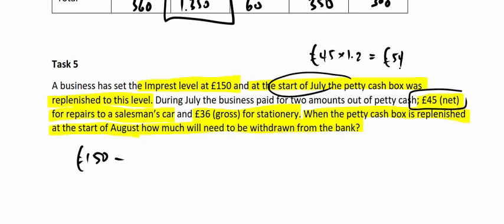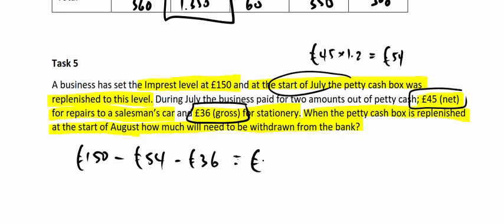We will have to pay the full figure including VAT, so there's basically £9 of VAT in there. And also knock off the amount paid for stationery, which was gross actually, so that 36 does include VAT, so we don't need to increase that. That means that by the end of July, we would only have £60 left in petty cash.